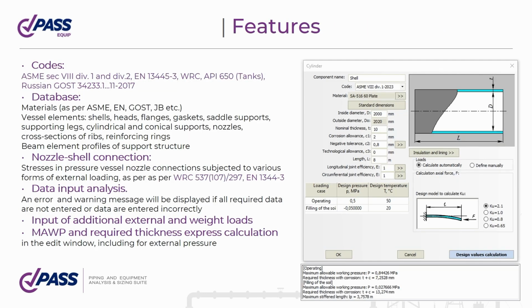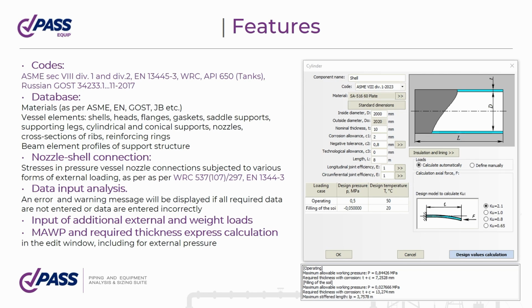Equip supports the most frequently used standards. The main calculation standards used in the program are ASME Section 8 Division 1 and Division 2, EN 13445, API 650 for tanks, and Russian GOST.